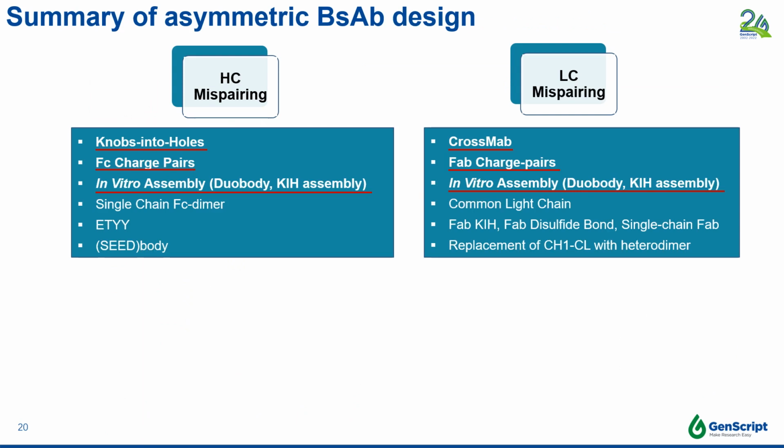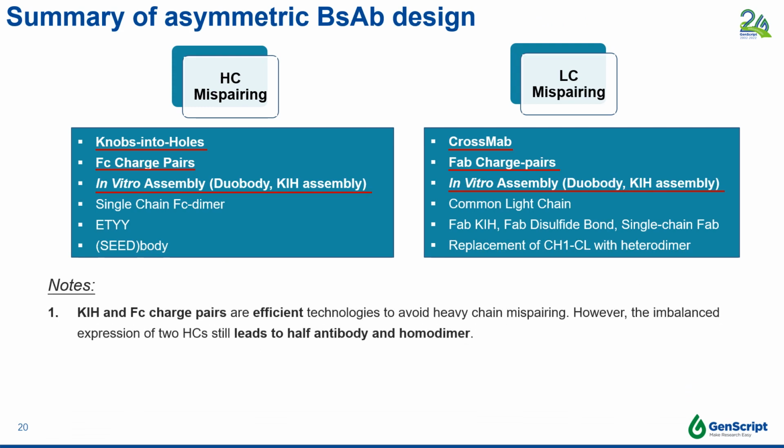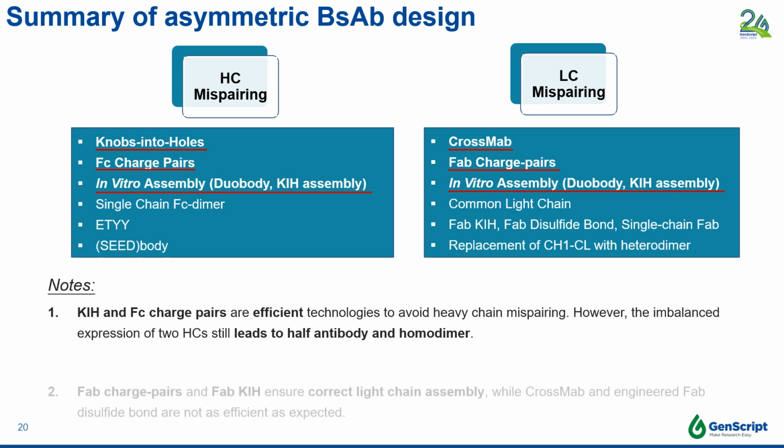Here is a quick summary for asymmetric BsAb designs. First, knob-in-hole and Fc charge pairs are efficient technologies to avoid heavy chain mispairing. However, the imbalanced expression of two heavy chains still leads to half AB and homodimer.